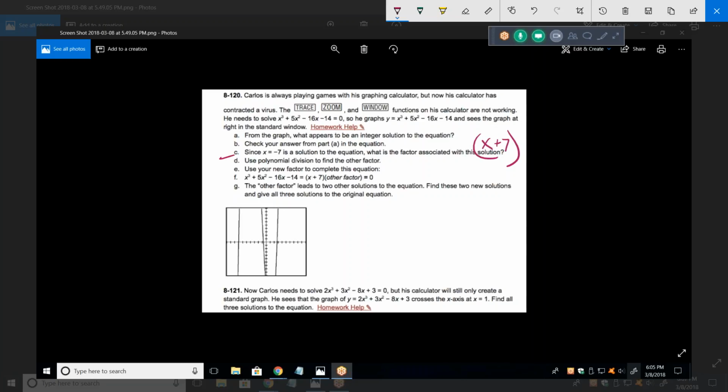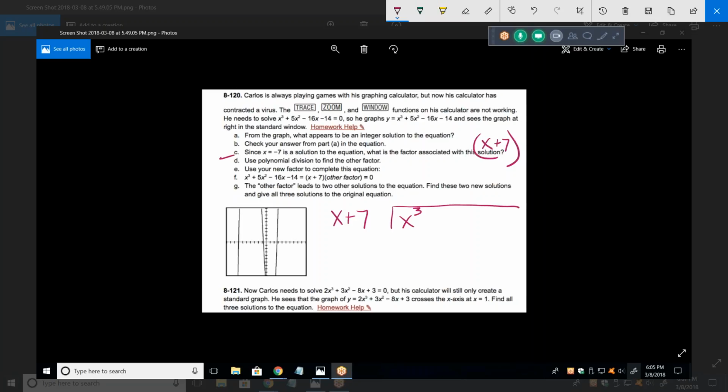They didn't say synthetic. You've learned synthetic division? I don't know. You don't know? Okay. Well, they haven't asked about it so far. So polynomial division means we are going to take our one known factor and we're going to long divide it into the polynomial.